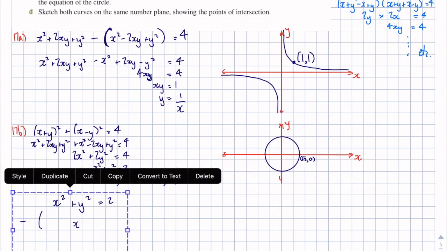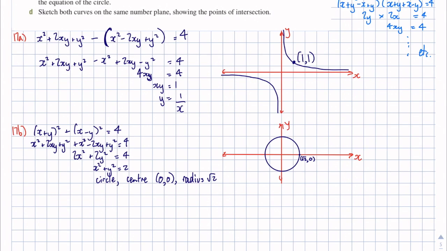I should do this with the initial equations. So I've got x plus y squared minus x take y squared equals 4. That's the equation of my hyperbola, which I'm subtracting from the equation of my circle: x plus y squared plus x take y squared equals 4.